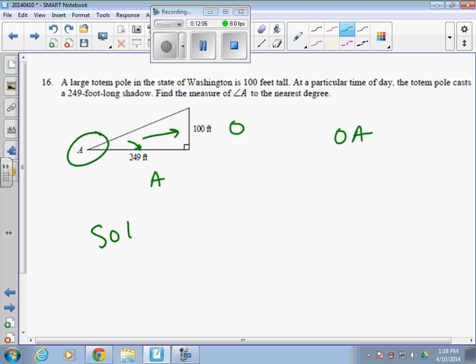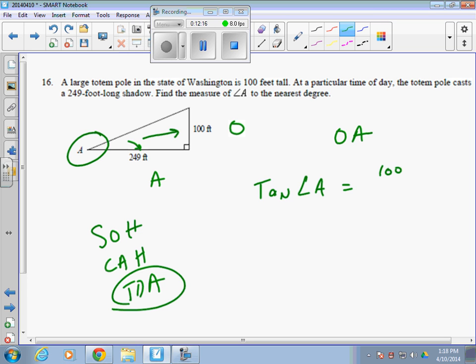If you use SOHCAHTOA again, the only one with an O and an A is the tangent. So tangent of angle A is equal to 100 feet divided by, because opposite over adjacent, 249. Okay, this is the case anytime you're looking for an angle measurement, which we are here, this is an angle we're looking for. This is when you use the inverse tangent.